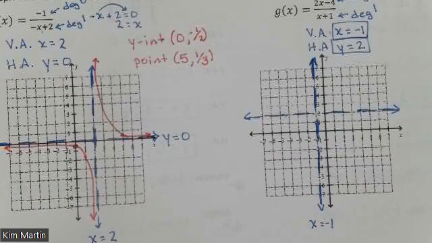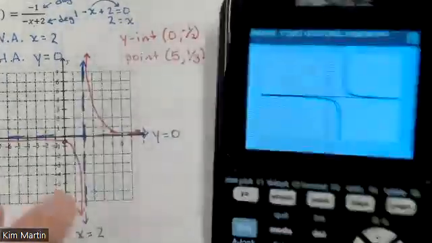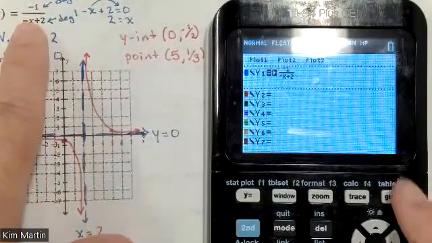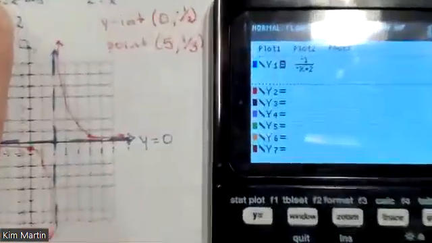Be careful. Because honestly, what I'm going to see on people who don't really understand the asymptotes and only know how to use your calculator, you'll take your calculator out and you'll plug this function in.